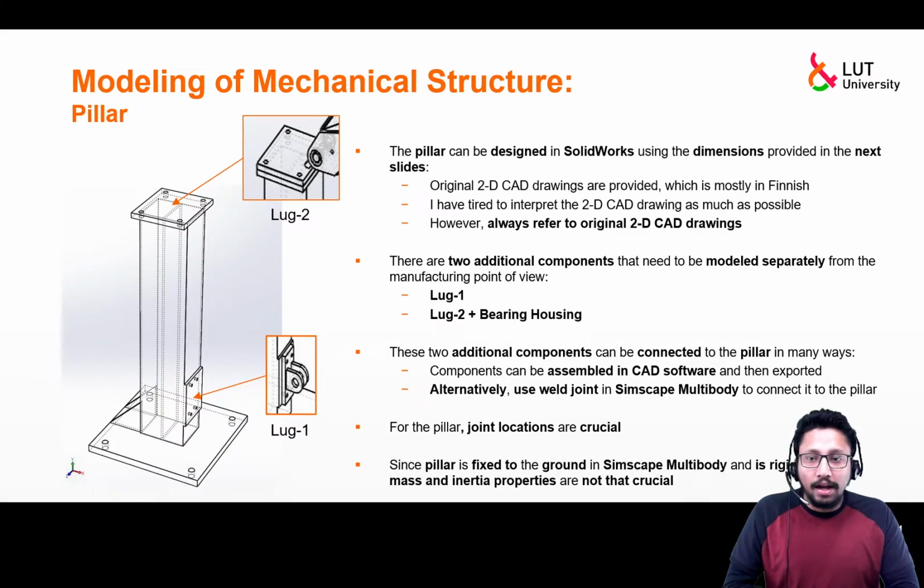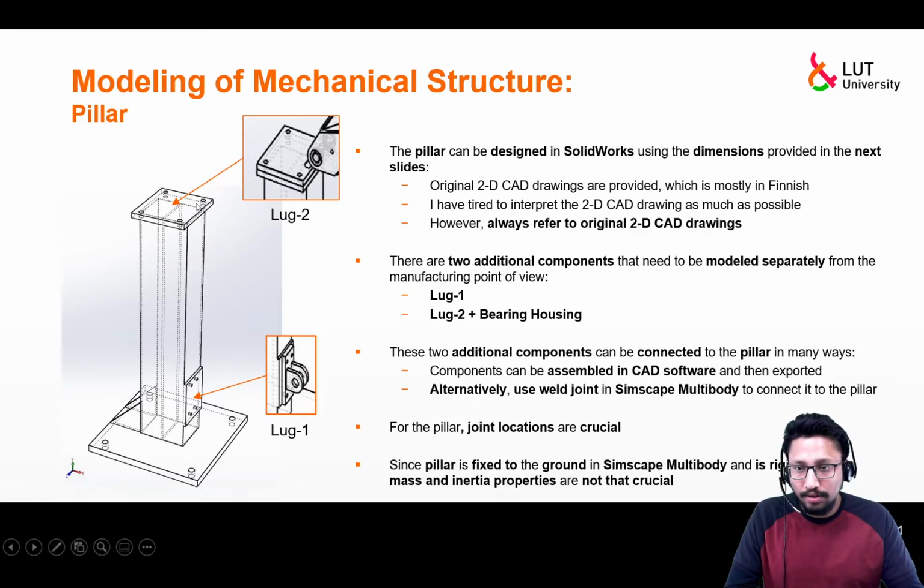So, modeling of the mechanical structure. If you see, the pillar is actually modeled in such a way that there are additional parts that are modeled separately. Why this is done is because it is very easy from the manufacturing point of view: if we manufacture lug 1 and lug 2 separately and then attach them to the pillar with a weld joint, it's very simple.